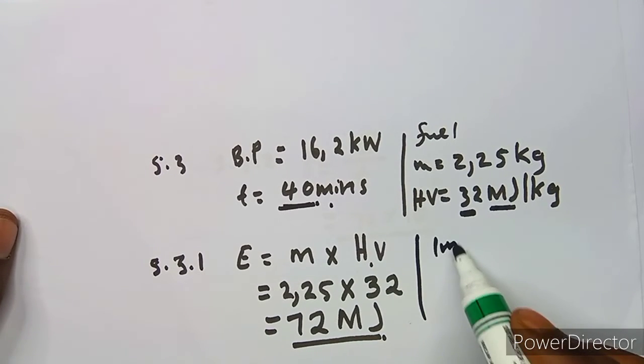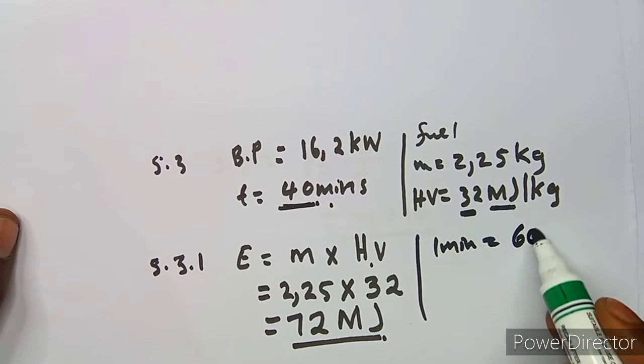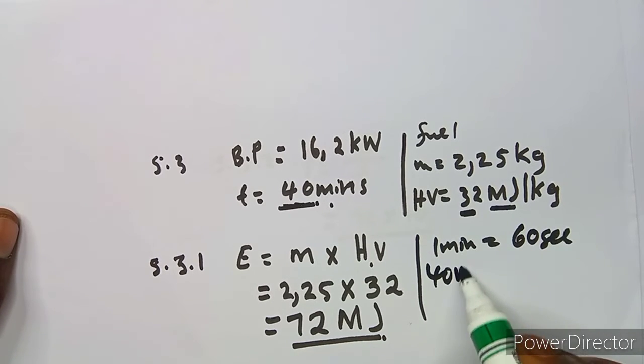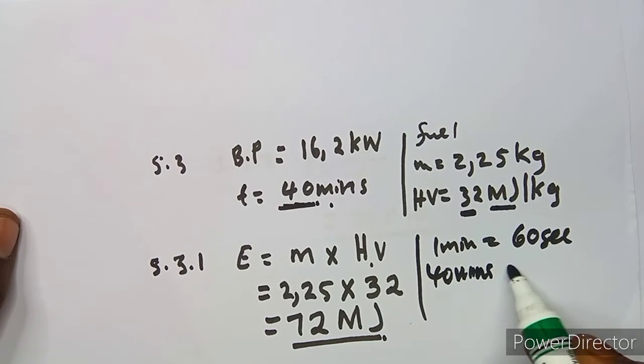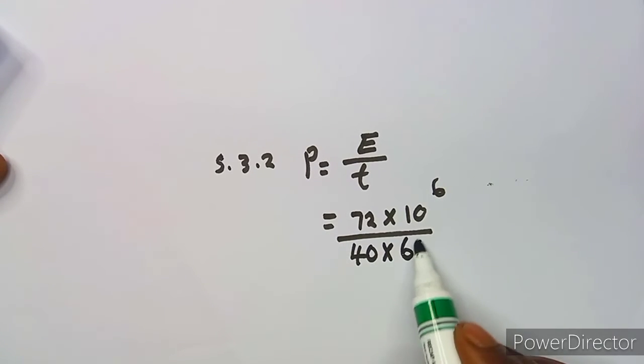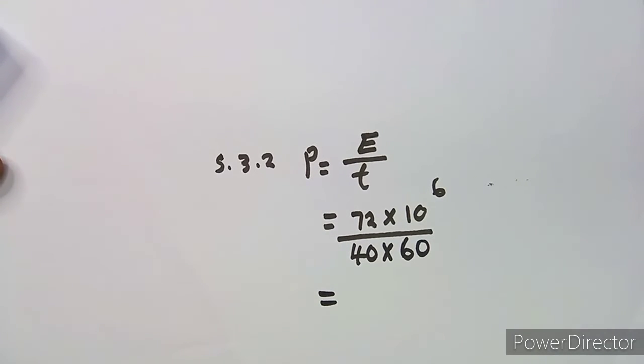In a minute you've got 60 seconds, so you're going to multiply 40 times 60. Your time is now in seconds. Remember, your time is supposed to be in seconds.